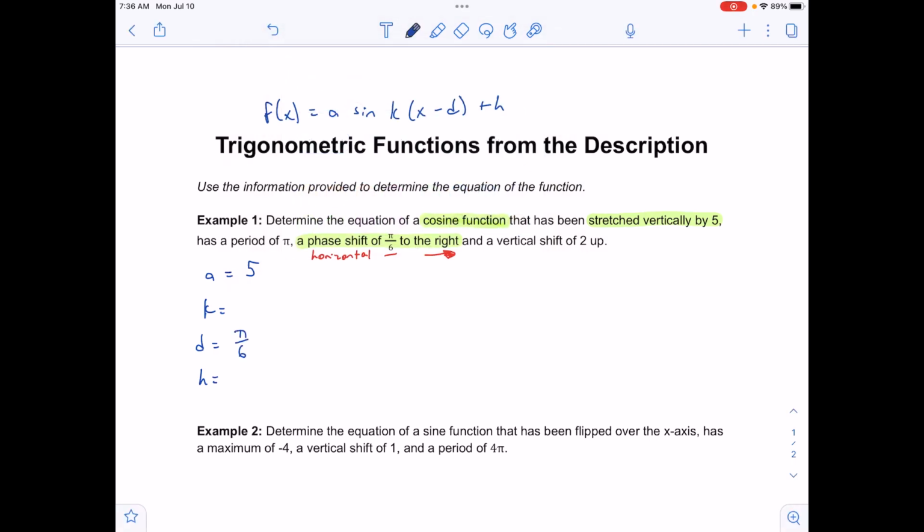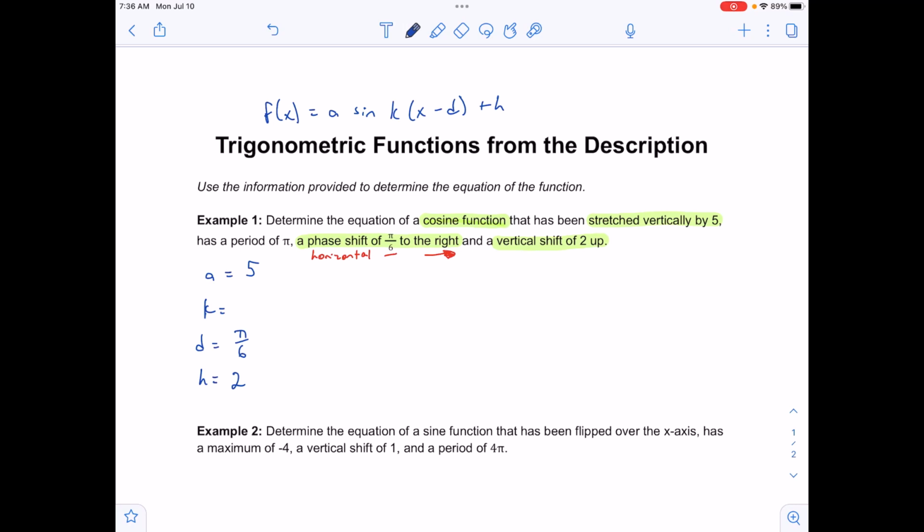And that entire bracket is going to look like x minus pi by 6. Another one we have is a vertical shift of 2 up. That's our H value, positive 2. Recall that H also tells us where the midline is located.